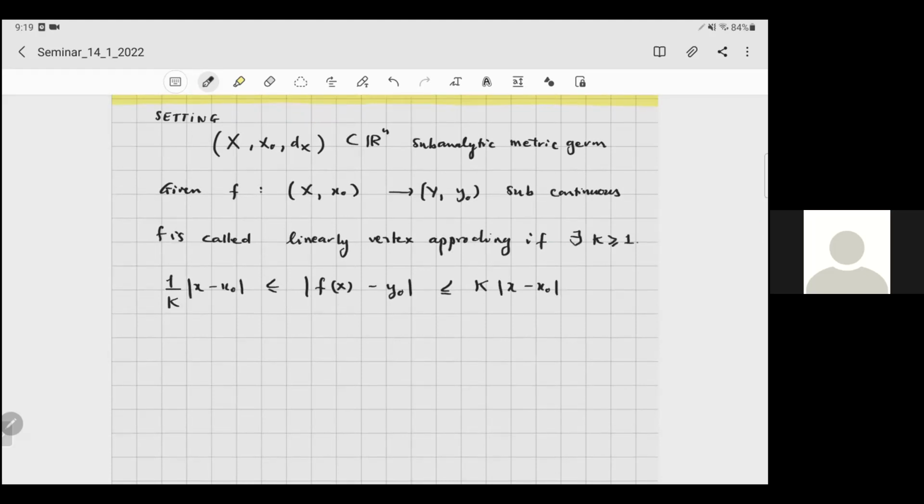So now I start defining the MD homology. What does MD homology mean?